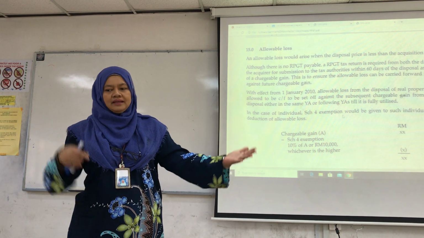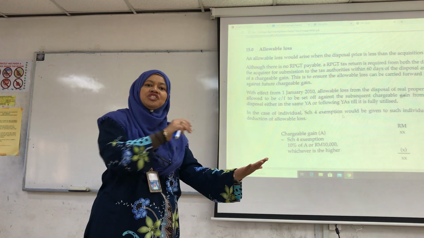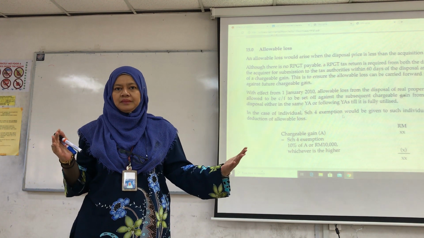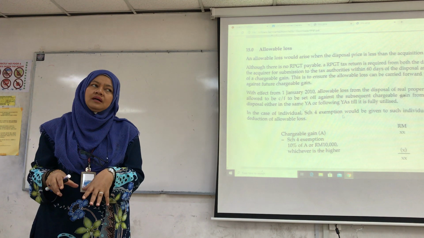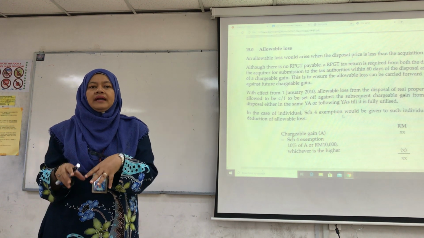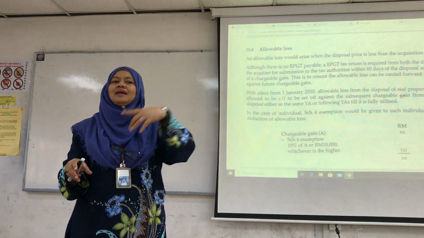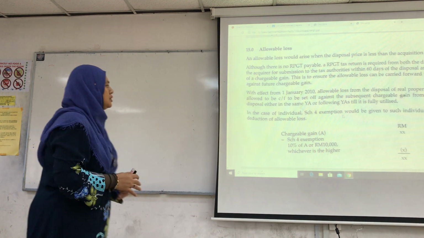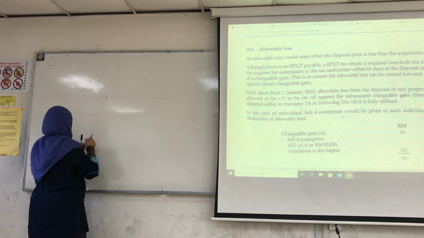The loss in January I can use to set off against my chargeable gain in August within the same year of assessment. Or maybe I dispose of a property in year 1, and make another disposal in year 2. The loss in year 1 can be set off against the disposal in year 2. But remember that this applies from 1st January 2010.